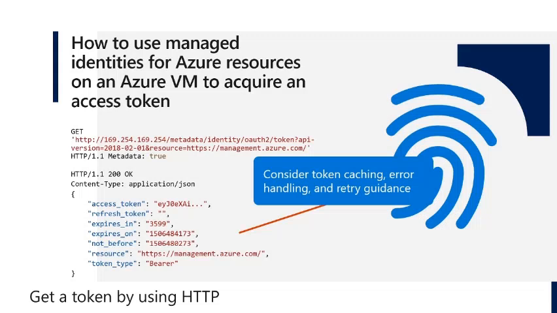On-the-wire calls to Azure AD result only when a cache miss occurs, due to no token in the managed identity cache or the cached token is expired. So only two reasons. That's why you should consider token caching, error handling, and retry guidance.